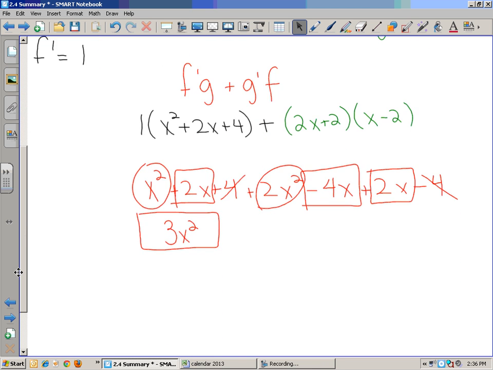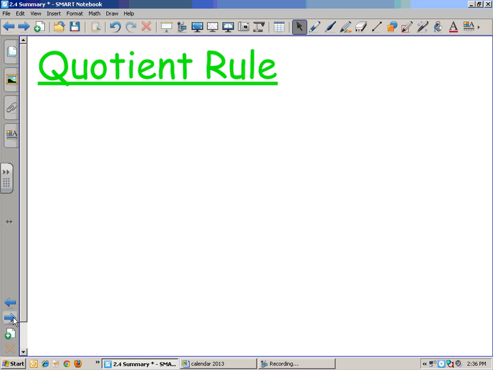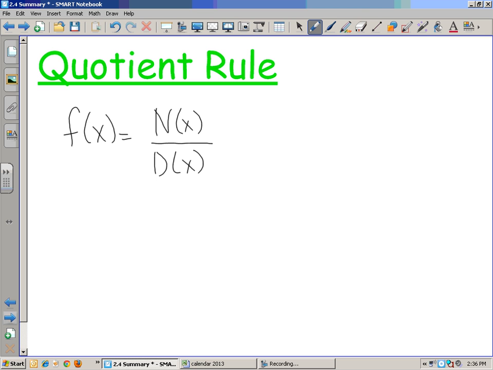Okay? All right. So now what we want to do is take a look at the quotient rule. The quotient rule is anytime you have a function with some numerator and then a denominator. Again, we're going to call the top f and the bottom g, just because that's conventional wisdom, for no other reason.